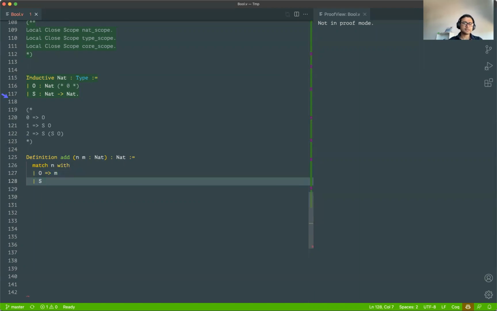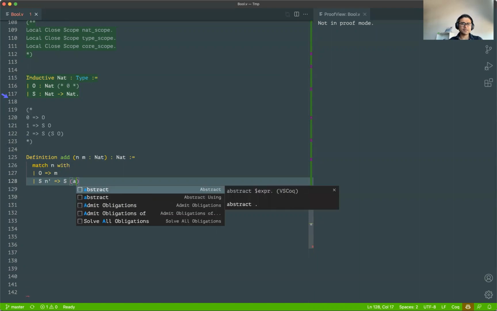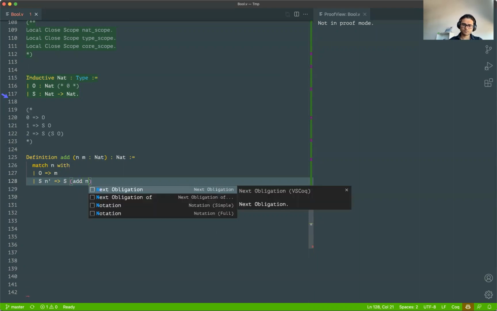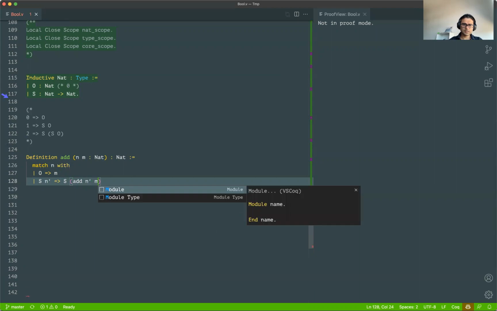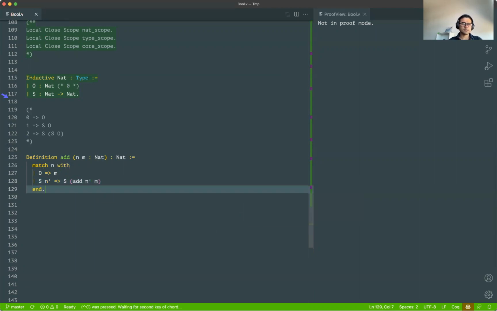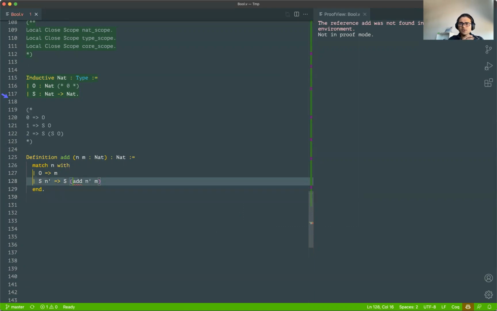When n is the successor of some number, here n prime, then I'm going to take the S, add the rest of the terms, and oh, we get an error here. So what is the error here? It says the reference add was not found in the current environment.